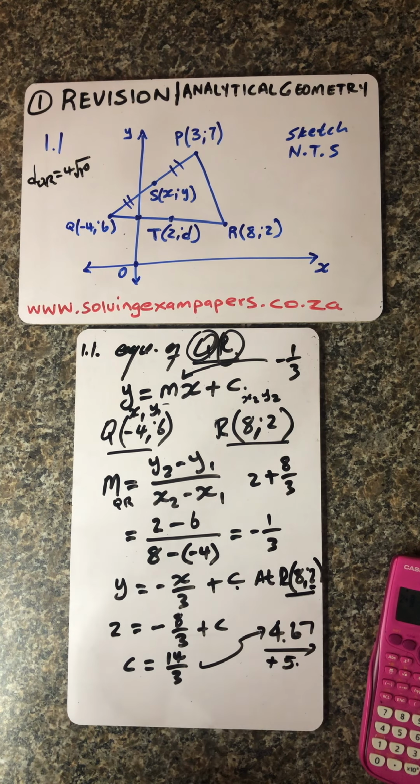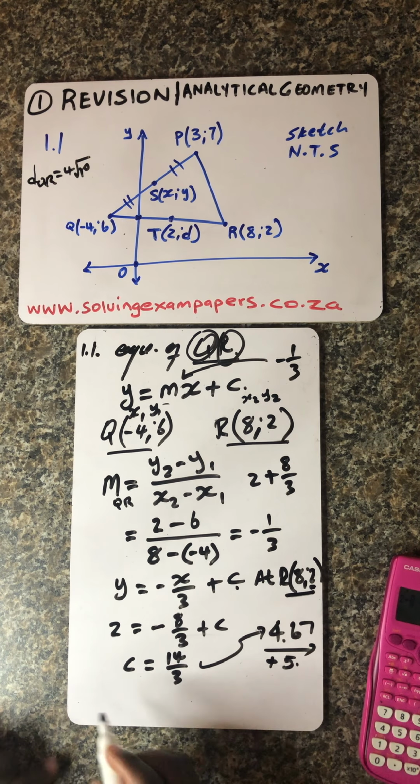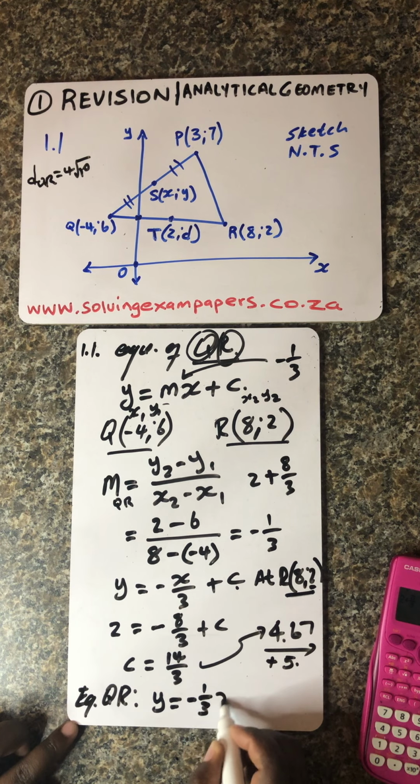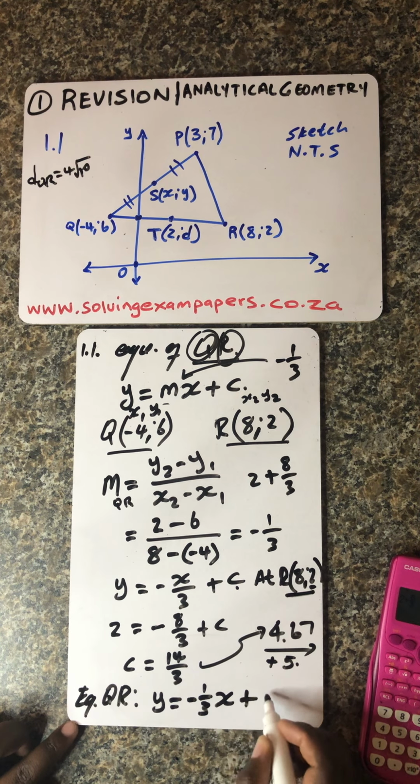Okay, so guys, let's now write an equation of QR. An equation of QR, ladies and gentlemen, is y equals negative 1 over 3x plus 14 over 3.